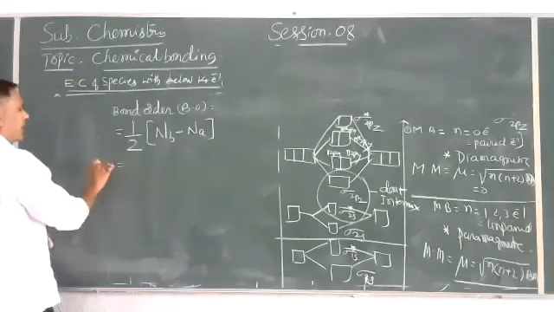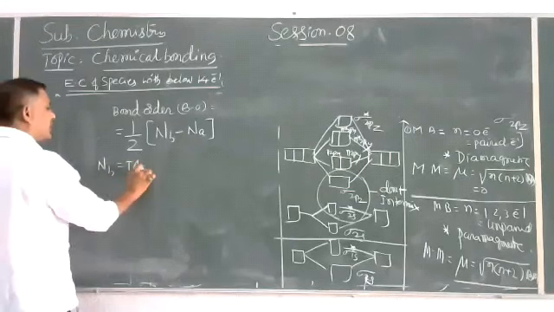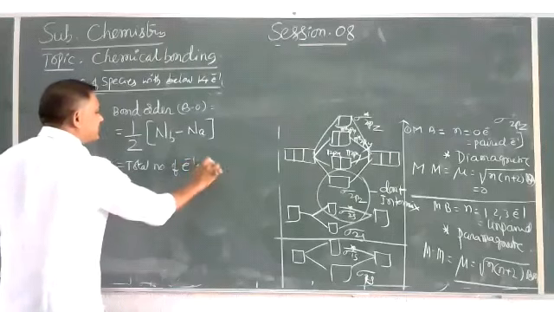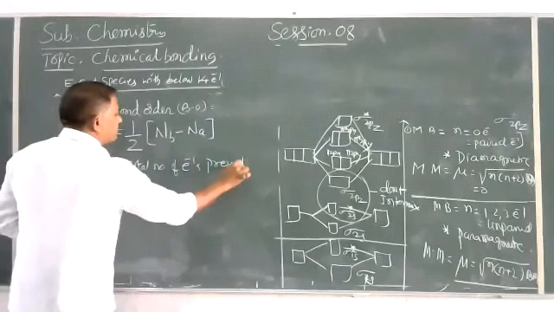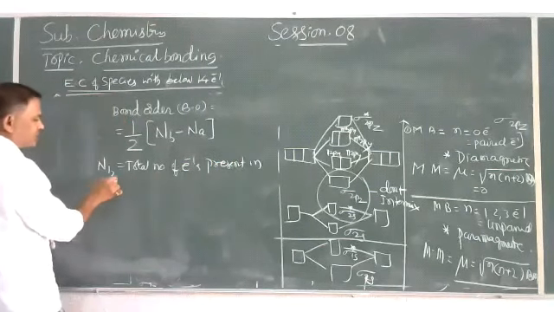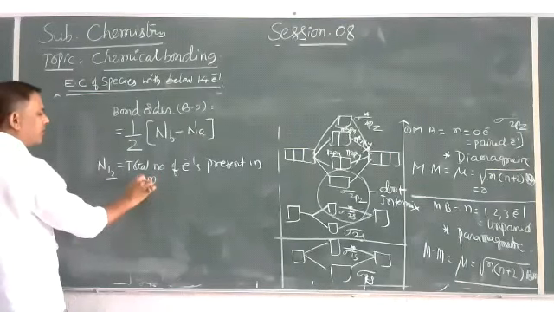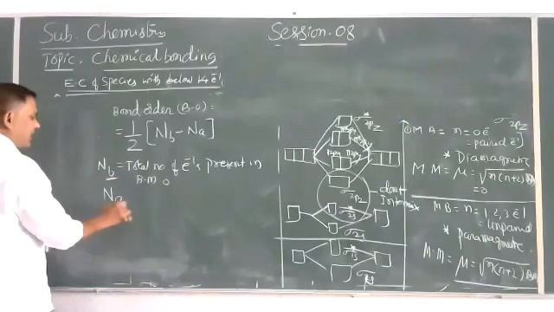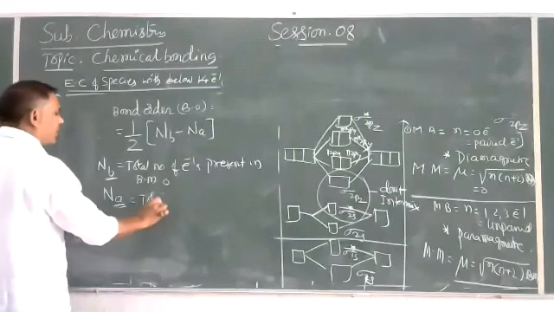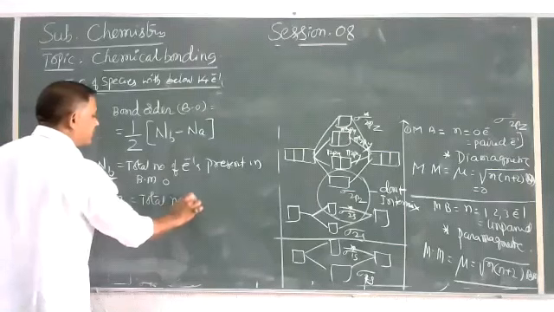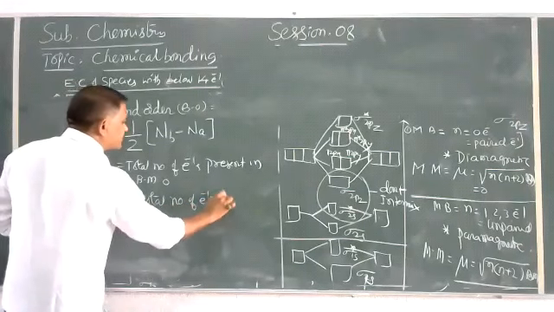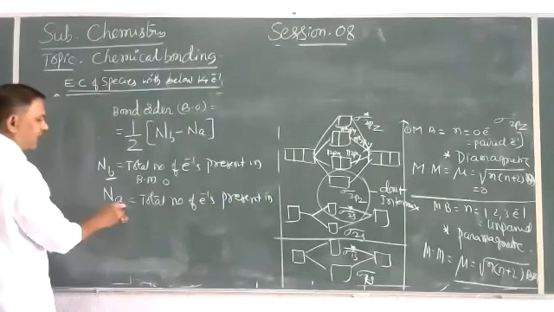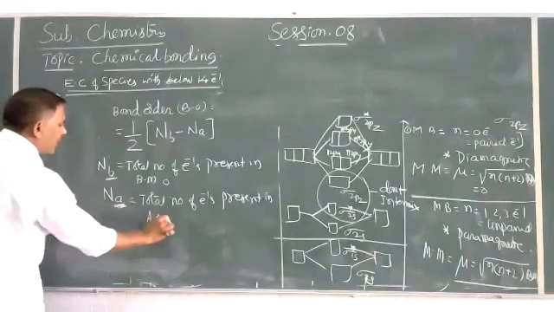Here NB is the total number of electrons present in bonding molecular orbitals, B standing for bonding. NA, A standing for antibonding, is the total number of electrons present in antibonding molecular orbitals.